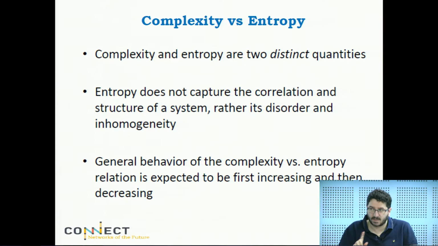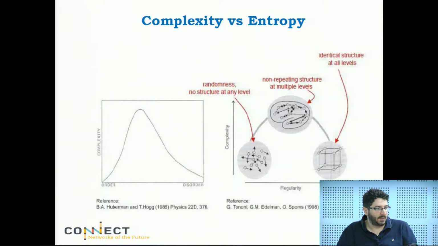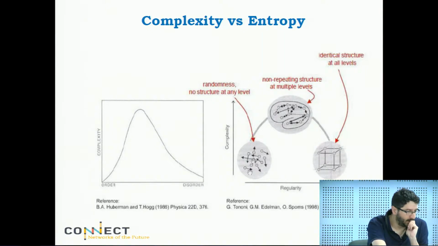But there is some relation between the two. And in fact, the relation is kind of acknowledged, and you see this paper in physics. The interesting concepts that are more of an information theory nature come from physics nowadays, in my opinion.